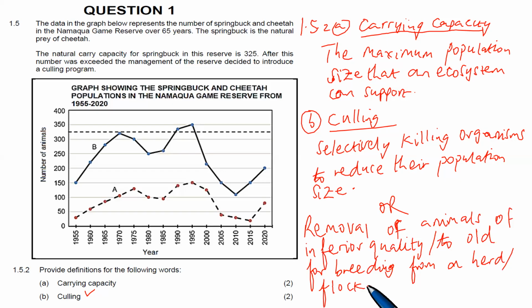Removal of animals of inferior quality or too old for breeding from a herd or flock. So culling can be defined in these two ways. You choose one of them to define culling. Obviously we have defined carrying capacity and we have also defined culling. Move to the next question.